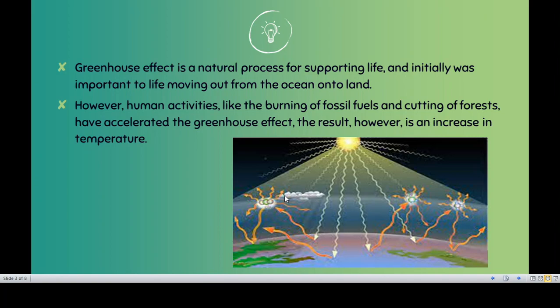These greenhouse gases trap the energy. After trapping the energy, they filter it, and the filtered energy is passed on to earth. You can look at the cursor and see here that the sun radiations are being trapped by greenhouse gases.